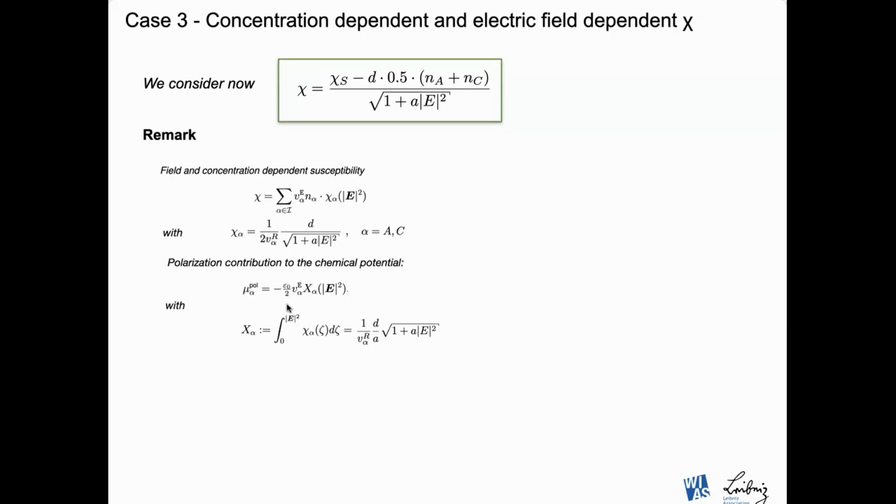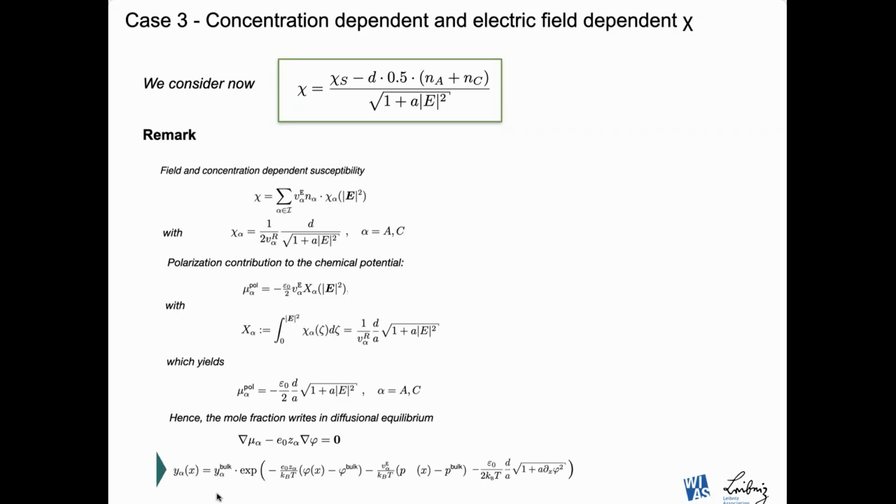And by this, you have a contribution to the chemical potential, which is basically this here. So the chemical potential is now dependent on the square root of electric field strength. And in diffusional equilibrium, this really means that the mole fraction now depends on electrostatic potential, on pressure, and also on the gradient of phi, which is something totally different than we had before in the case where you only had a constant dielectric constant.